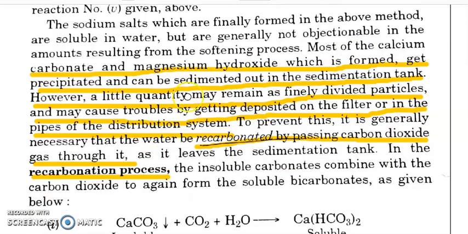Now most of the calcium carbonate and magnesium hydroxide which is formed in those equations you have seen, they can easily get precipitated and sedimented out in a sedimentation tank. Now however, a small quantity of these insoluble precipitates of calcium carbonate and magnesium hydroxide remain as finely divided particles and may cause trouble by getting deposited on the filter in the filter tank, right?